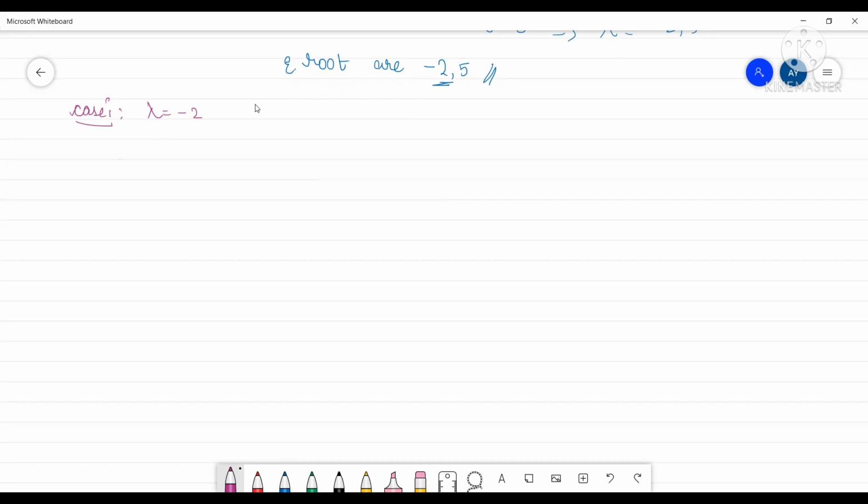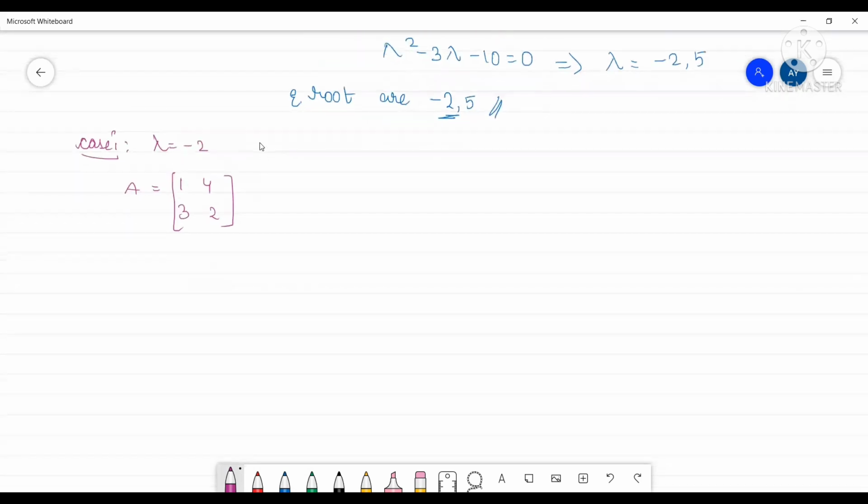So what is A? A equals 1, 4, 3, 2. And in place of lambda, you have to put minus 2. So A minus lambda I, what is it that you'll get?